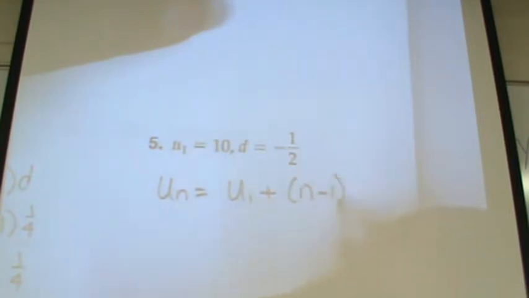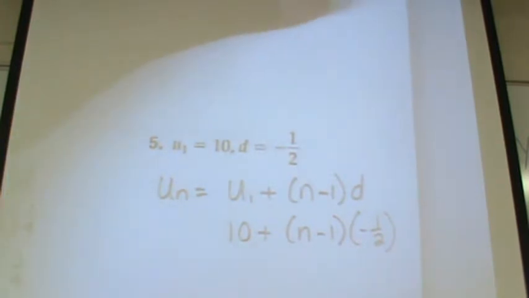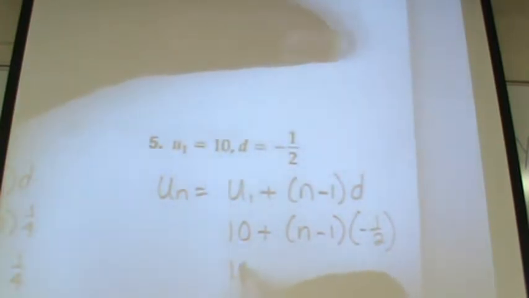Next, number 5, u sub n is the first term plus n minus 1 times d. The first term is 10 plus n minus 1 times negative 1/2. Then when you simplify this one, you should get 10 plus negative 1/2 n plus 1/2.